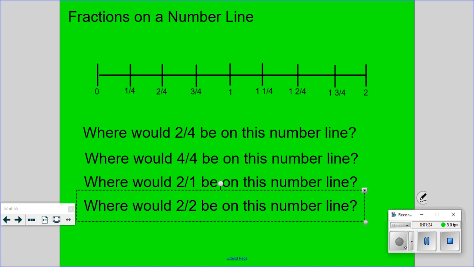I can tell that I'm counting by fourths, so I need to make 2 jumps. 1/4 and 2/4. I'm going to put a dot right on 2/4. So from 0 to 2/4, there is my distance.